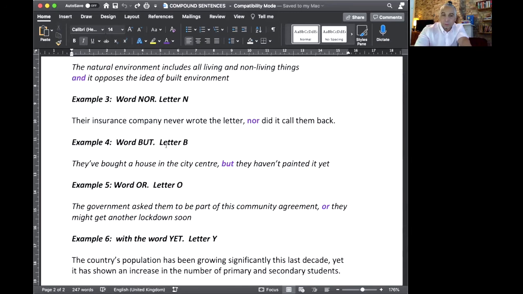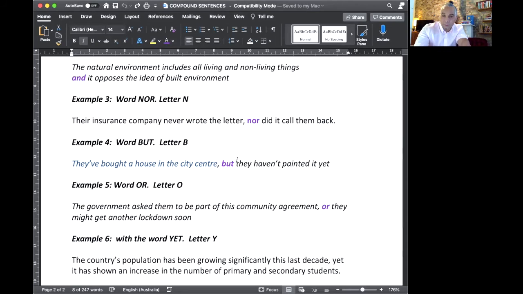Example 4 with the word but, letter B. They bought a new house in the city center, but they haven't painted it yet. Well, probably this is not quite an IELTS sentence, but it's not a bad one. They bought a house in the city center.